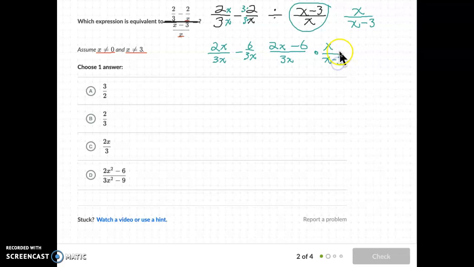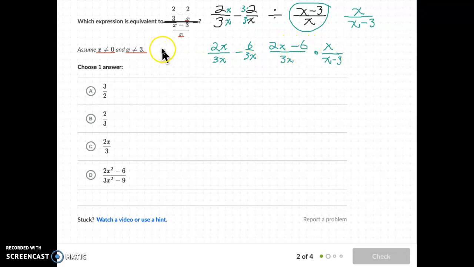Now, if you've been doing your factoring problems, you'll see we have x minus 3 over here. And generally, when you have a problem like this, you're going to be able to cross cancel something. This particular problem requires a little bit of vision. You have to be able to look at 2x minus 6 and imagine how you might factor this down into something else.